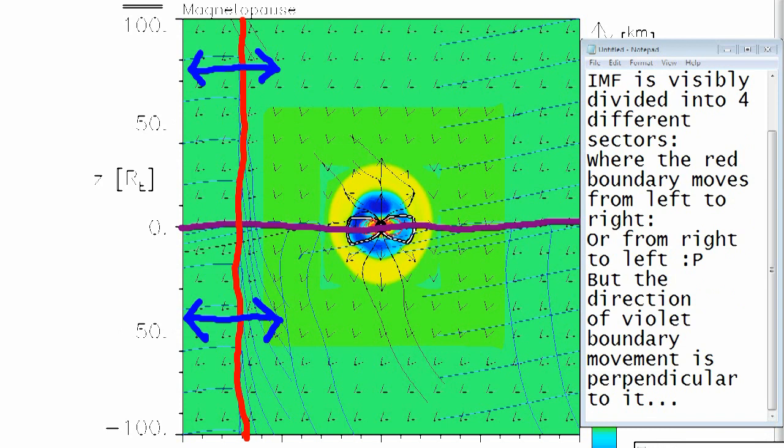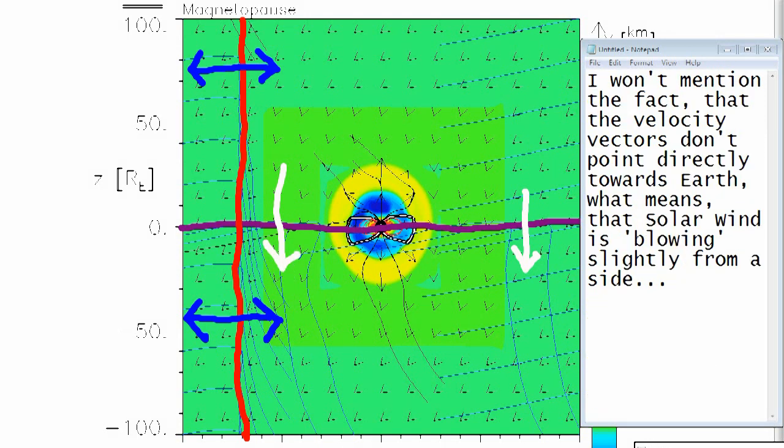But the direction of the violet boundary movement is perpendicular to it. I won't mention the fact that the velocity vectors don't point directly towards Earth, which means that the solar wind is blowing slightly from the side.